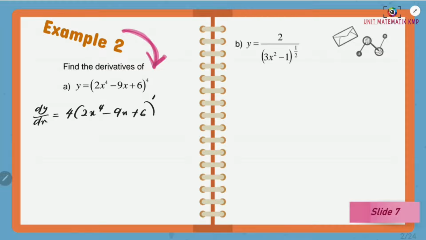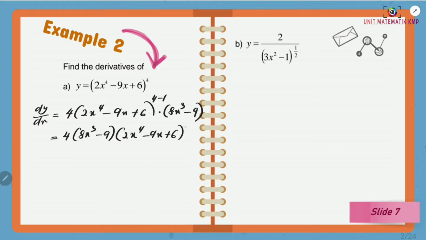The power is 4 minus 1 times, in bracket, we differentiate 2x to the power 4 is 8x cubed minus differentiate 9x is 9. And we can write 4 times (8x cubed minus 9) times (2x to the power 4 minus 9x plus 6) to the power 3.